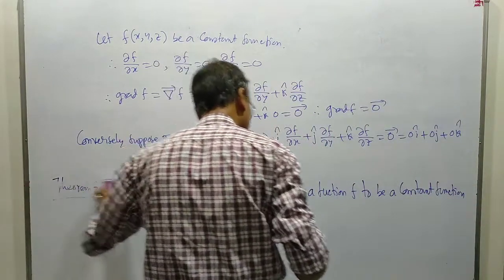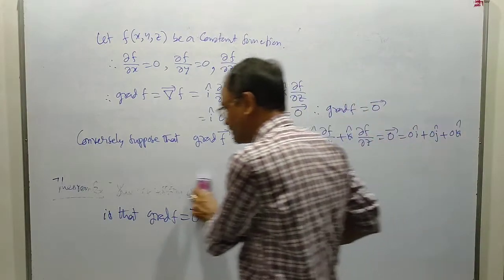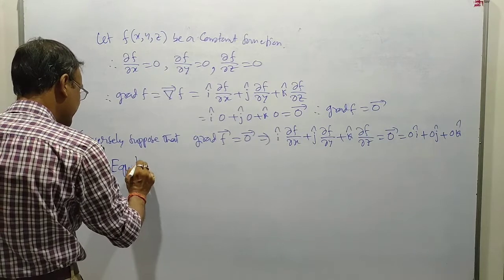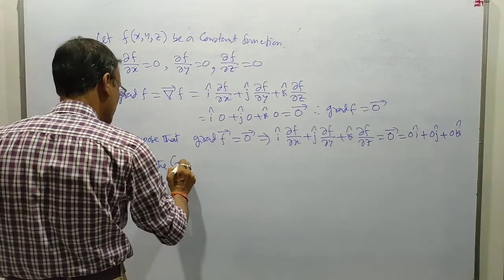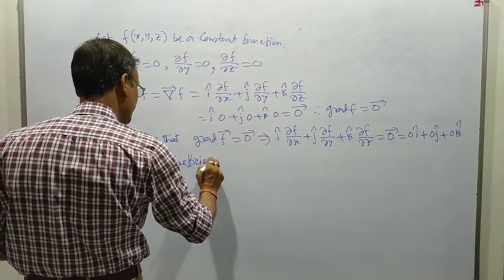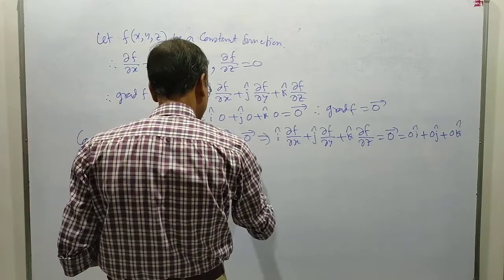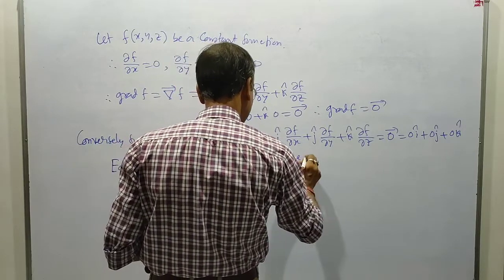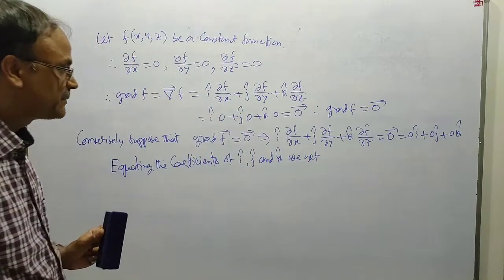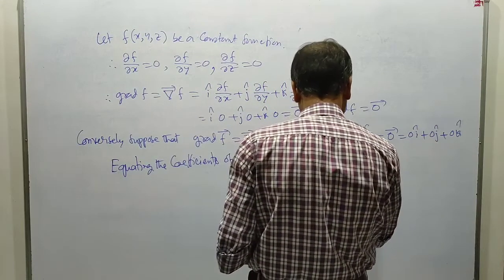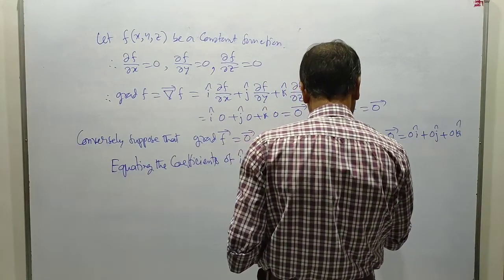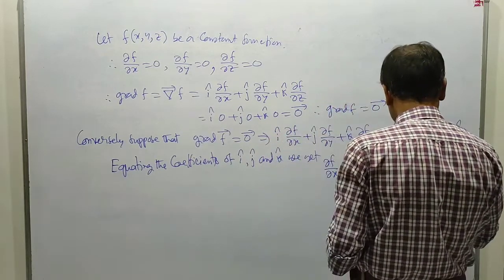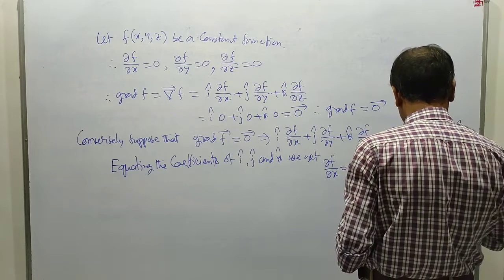Equating the coefficients of i cap, j cap and k cap we get ∂f/∂x equal to 0, ∂f/∂y equal to 0 and ∂f/∂z equal to 0.